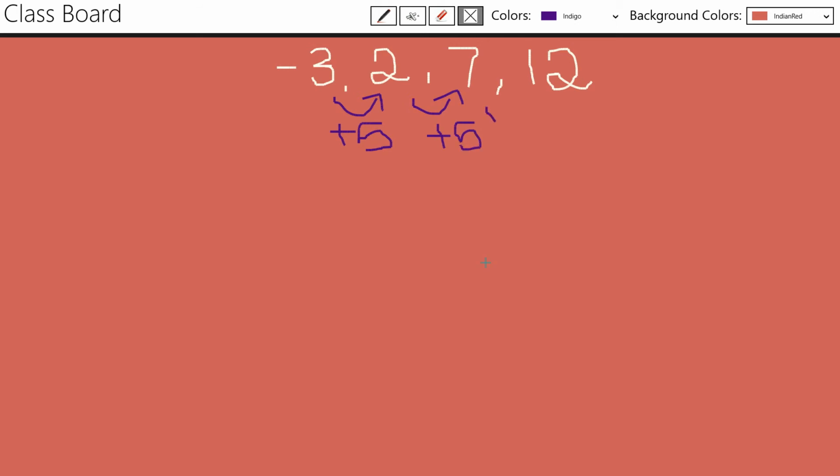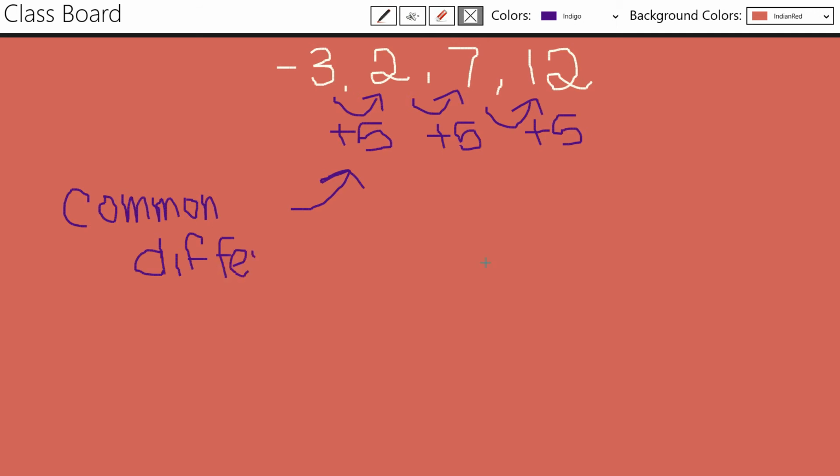And these differences right here are called the common difference. It really is kind of common sense. Get it? Haha, common difference, common sense. So that's not that bad.